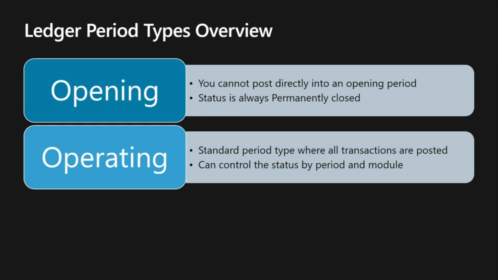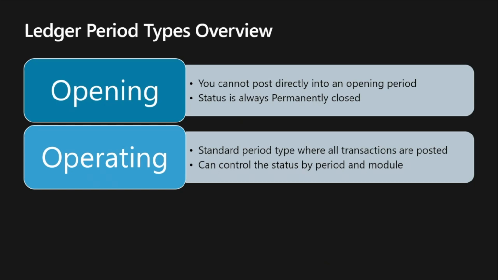Next are the operating periods. The number of operating periods is based on how you structure your periods. This can be monthly or weekly, for example, with periods that are 4 or 5 weeks long. These are the periods where your transactions are going to be posted when you're performing updates throughout the system, like posting journals, invoices, payments, and so on.